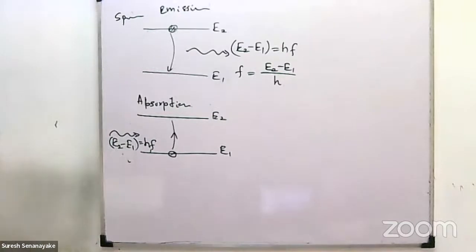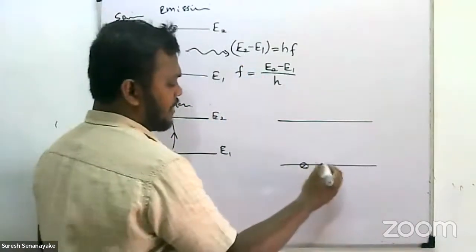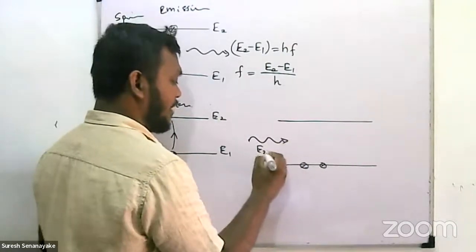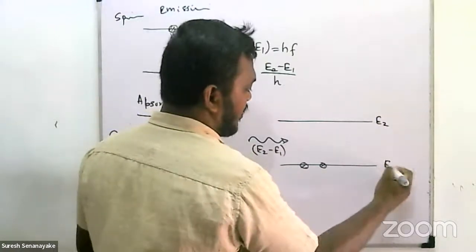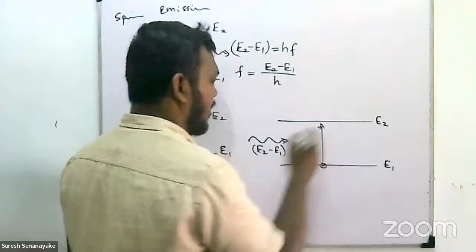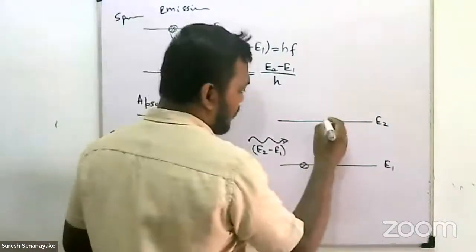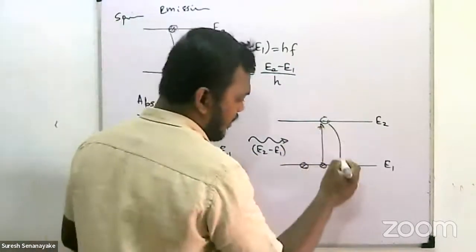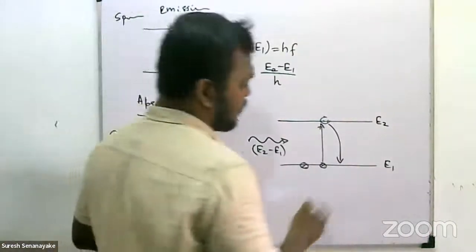Now, by combining these together, we can do it. We give energy to atoms in the low energy ground state, corresponding to E2 minus E1, and the atoms go to the higher state. When they come to this position it's unstable, so they automatically go down to the ground state by emitting that energy.